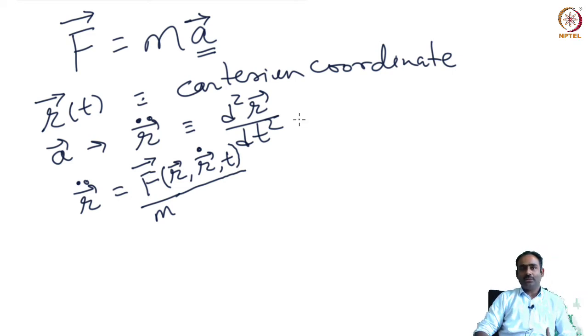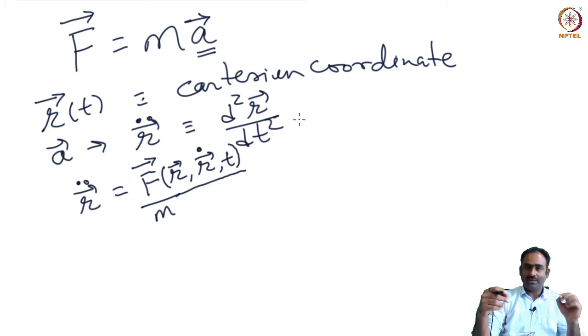Now, when you look at this equation, what comes to your mind? There are several things we can think of. One is at a very philosophical level. What this equation is saying is that if you tell what the forces this particle is experiencing are, I can tell what the acceleration is.